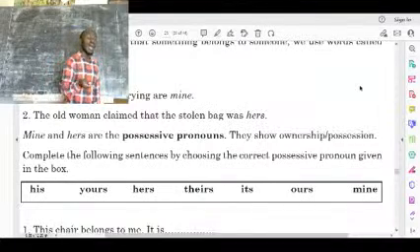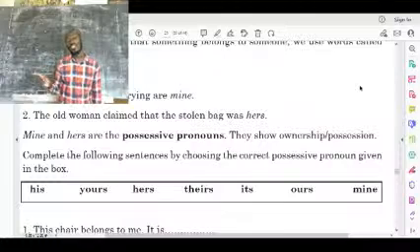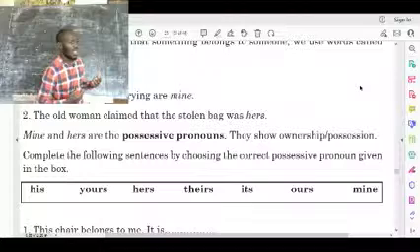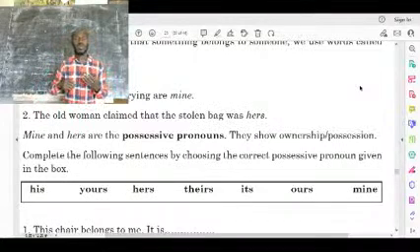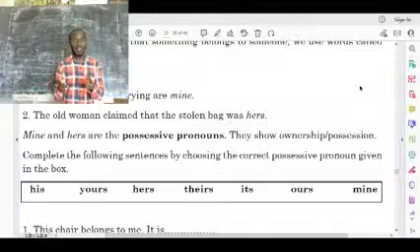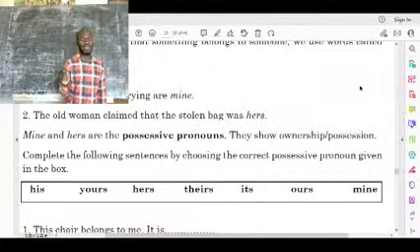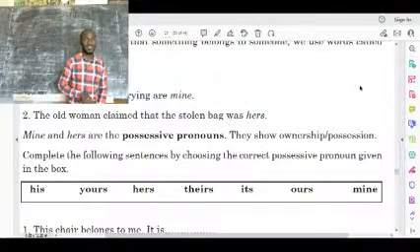Okay, then we also have hers. I think we've seen an example up where we have that the old woman claimed that the stolen bag was hers. So this one here, it is a possessive pronoun that we use referring to something that belongs to a woman or to a female human being. And then we have theirs.